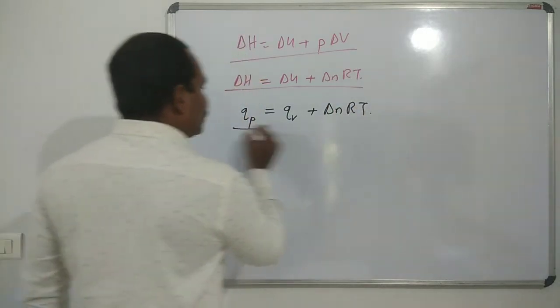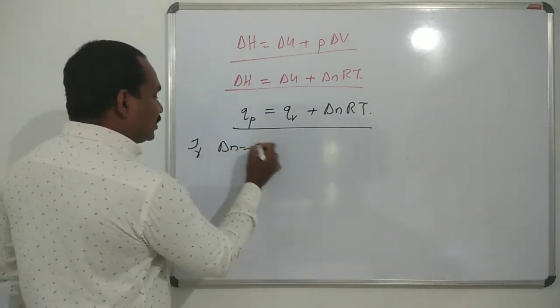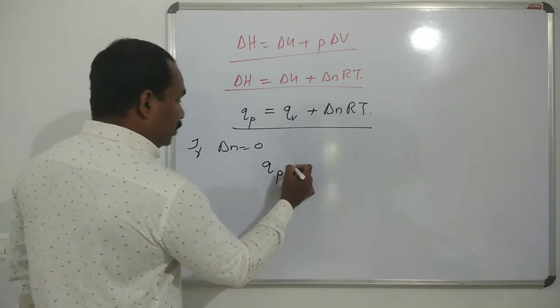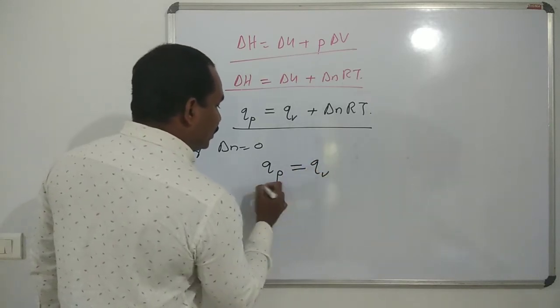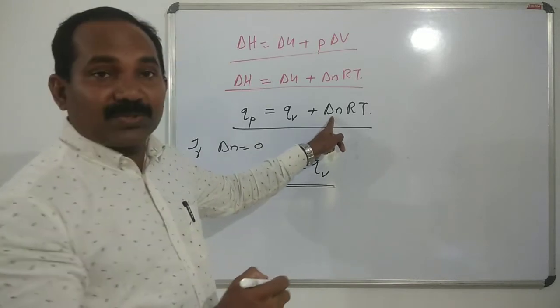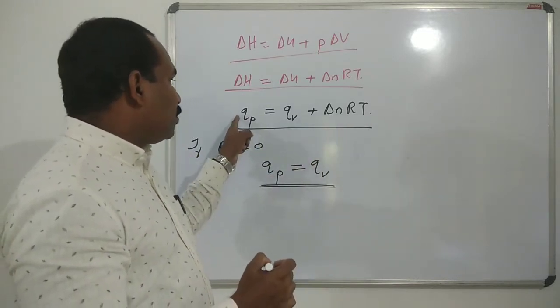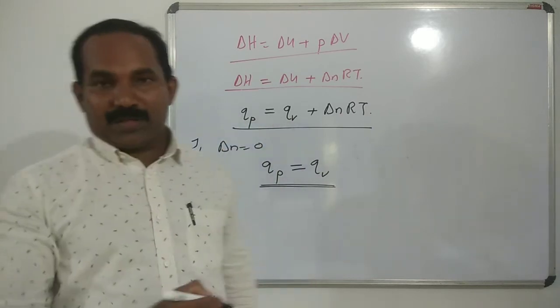Another equation: if delta N is equal to 0, QP is equal to QV, isn't it? Suppose this delta N is equal to 0, then delta nRT is 0, so QP is equal to QV.